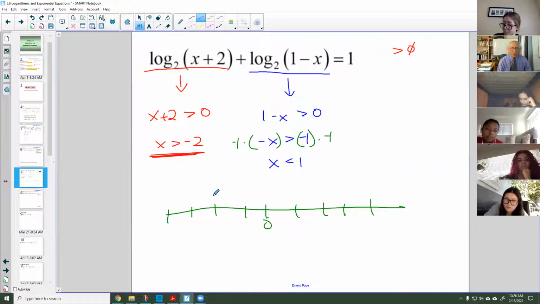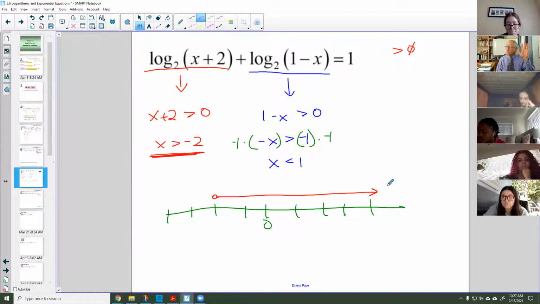So I would put an open circle here at -2 and an arrow going that way. Is everybody okay with how I just graphed that on the number line? We're good with that. This one here says x has to be less than 1.